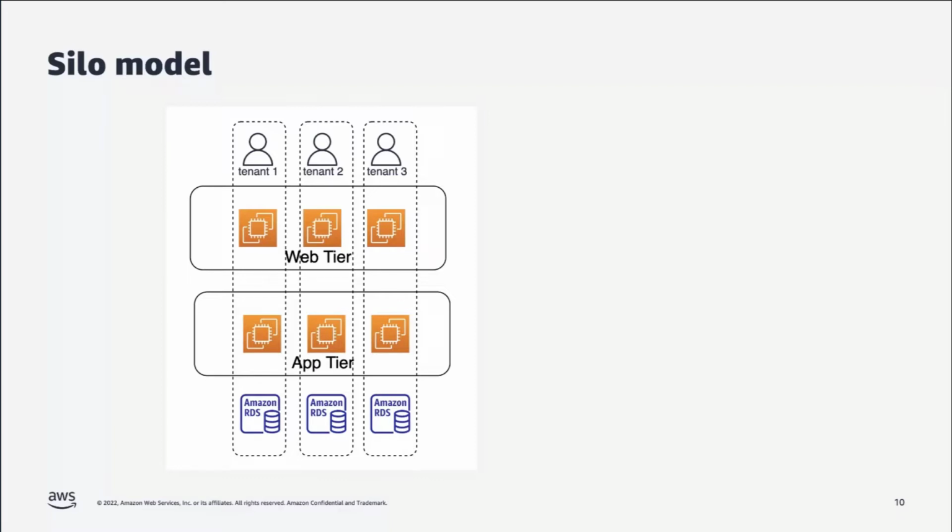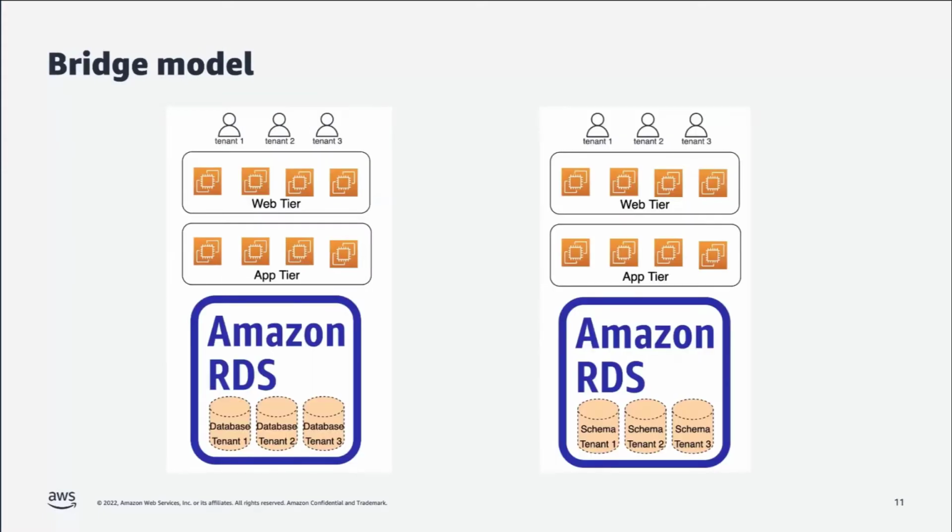You create full stack isolation from infrastructure and application to the database layer. At the database layer, that means you create an RDS or Aurora database cluster per tenant in the silo model. Let's now look into the next one, the bridge model.